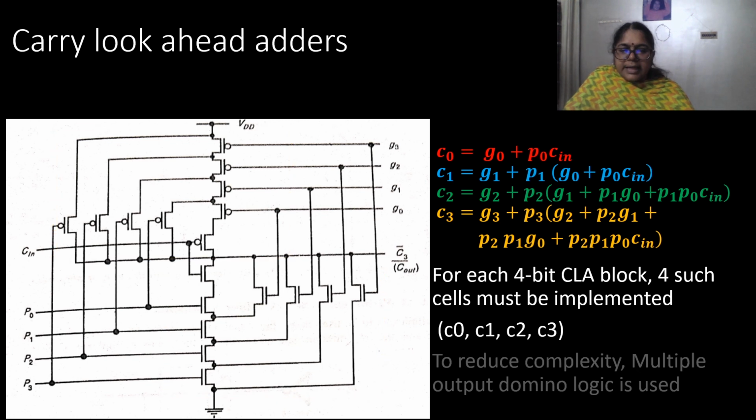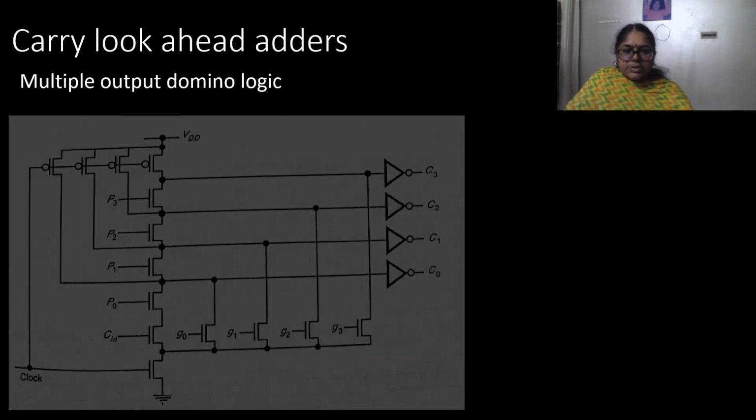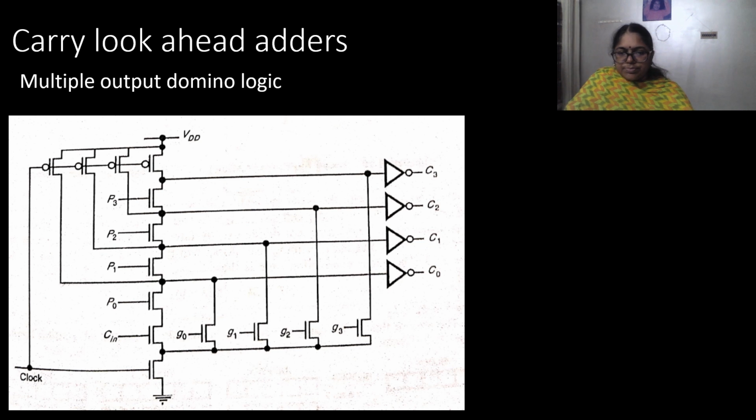So we can say that the circuit would be complex. So to reduce the complexity, multiple output domino logic is being used. If you remember, we had studied what is multiple output domino logic circuitry. In a single circuit, multiple outputs can be generated.